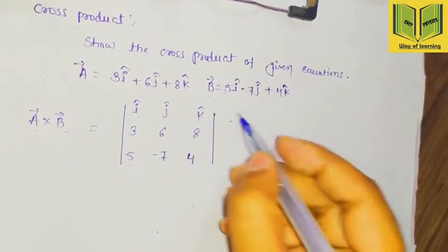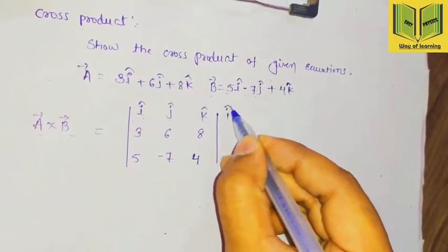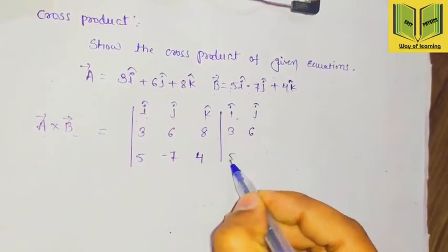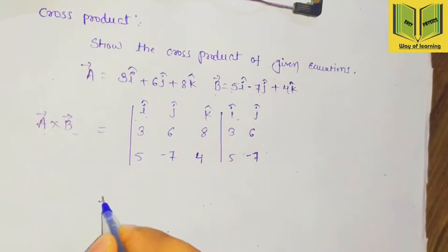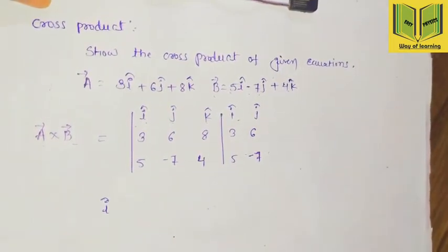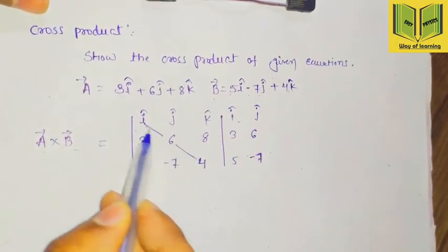So start. First we write these two lines again here, which makes the cross product easier. First we write for the i. For the i we are going from this line. This is the i line.